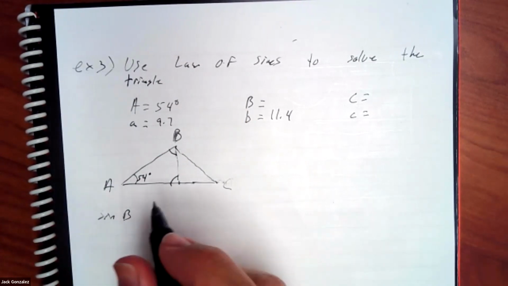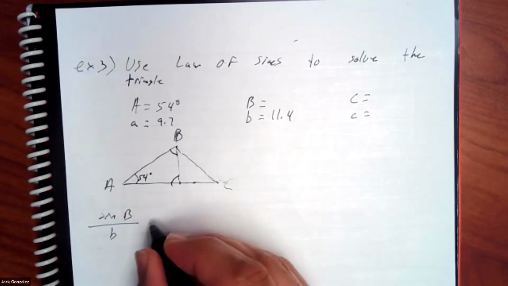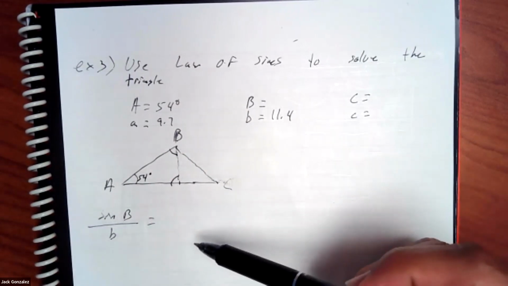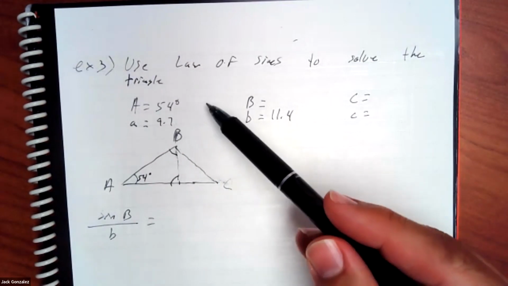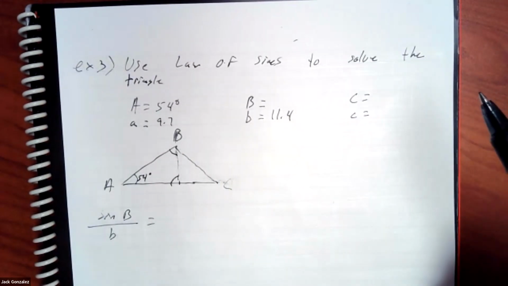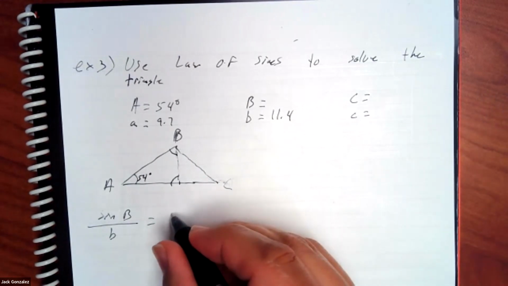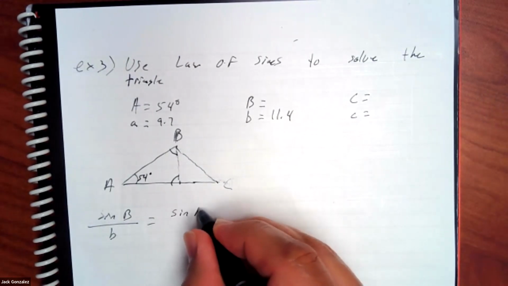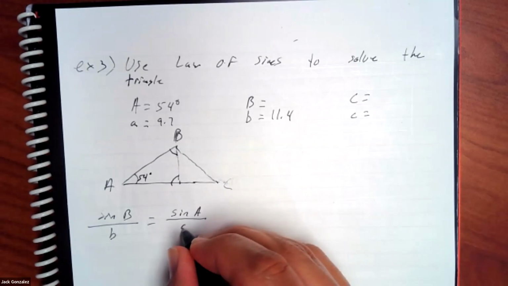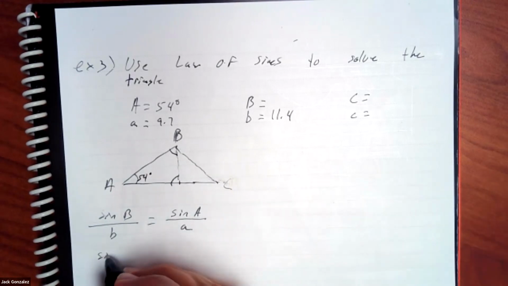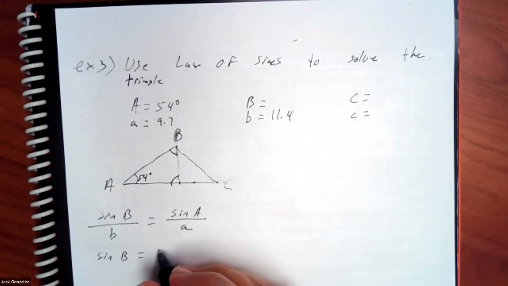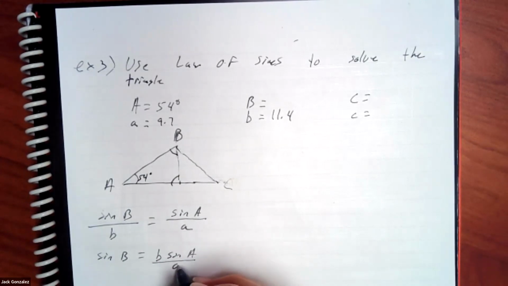So solve for capital B. We always set it equal to something that has both the angle and its opposite side. So I'm choosing sine A over little a. Sine B is equal to B sine A over a.